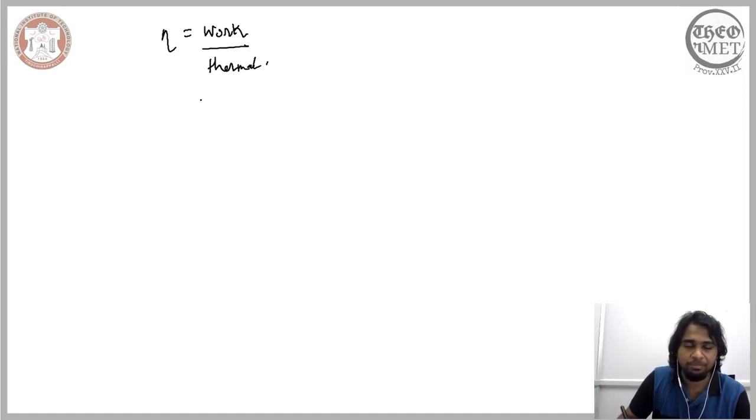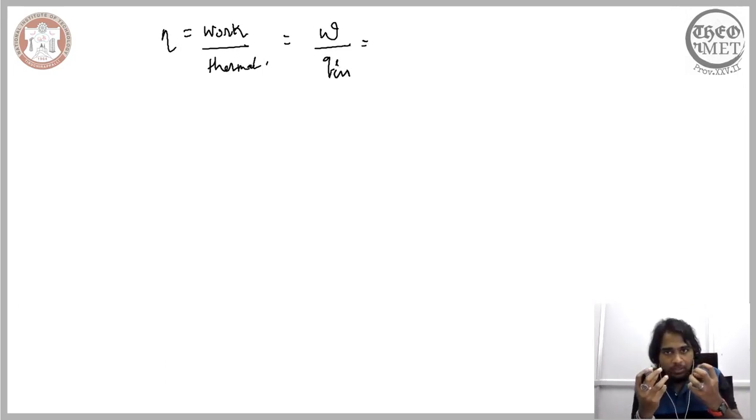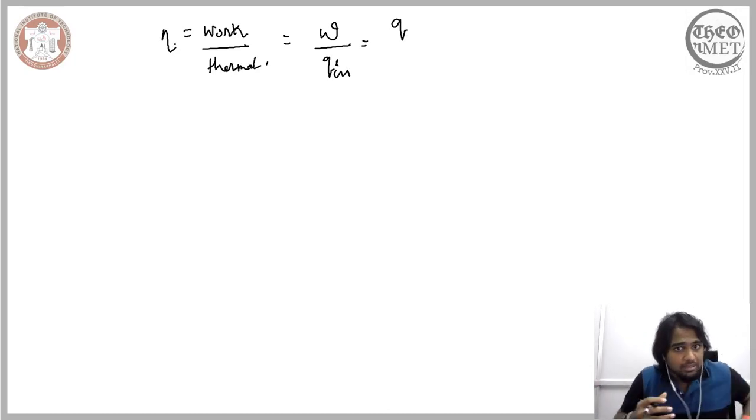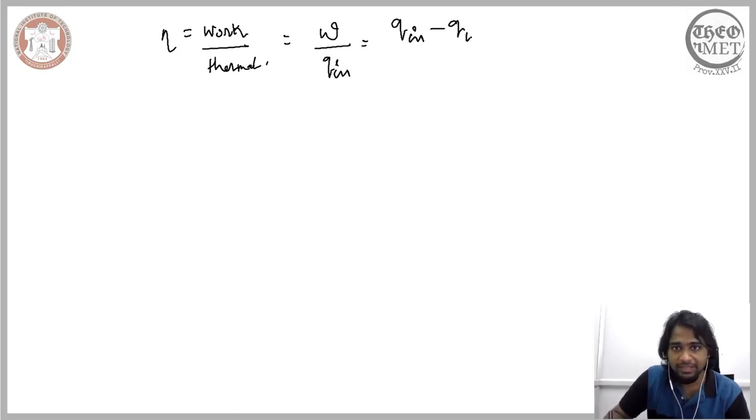If we treat the work done as W and the thermal energy input as QIN, this work done is the difference between the heat input that you have provided and the heat that is lost, divided by the amount of heat input that you feed in.